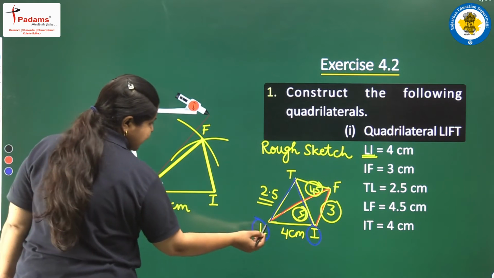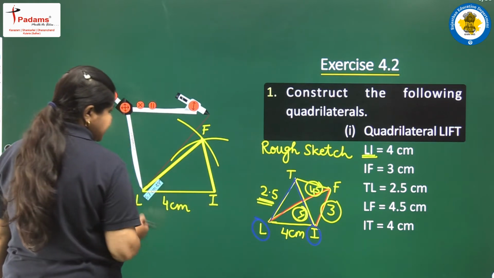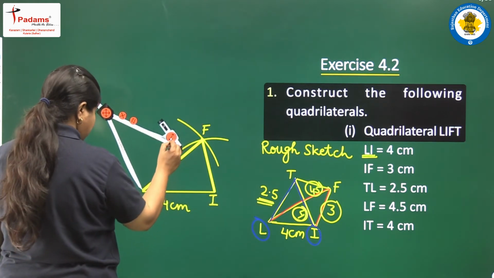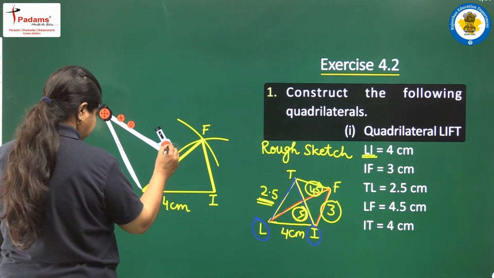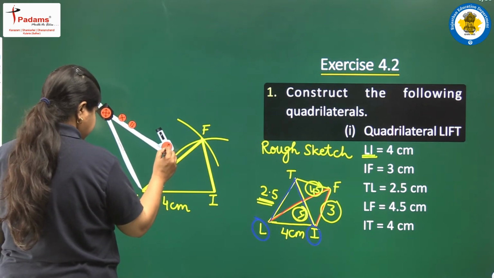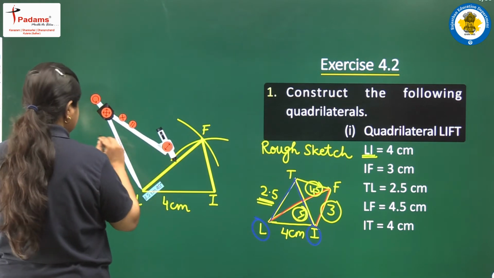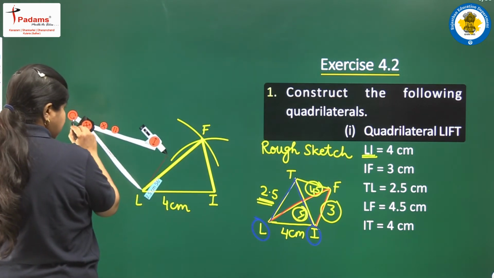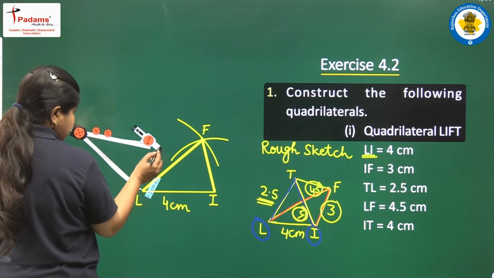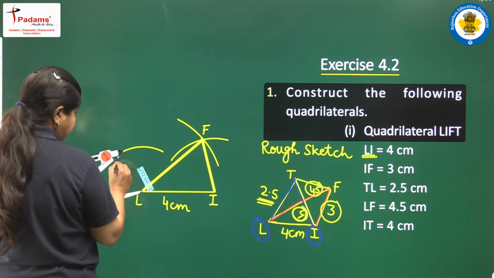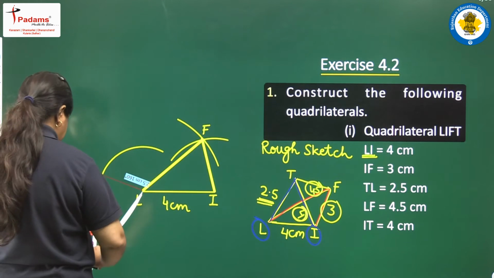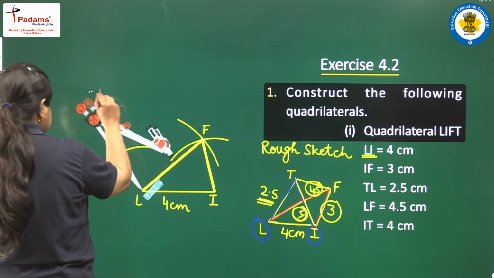Just have a look. It should be 2.5 centimeters. So we bring it to 2.5. This is 2.5. We will draw one arc here in this way. This is the arc measuring 2.5 centimeters.